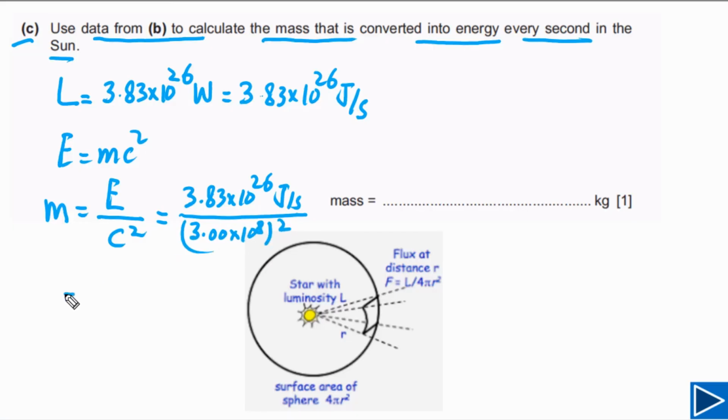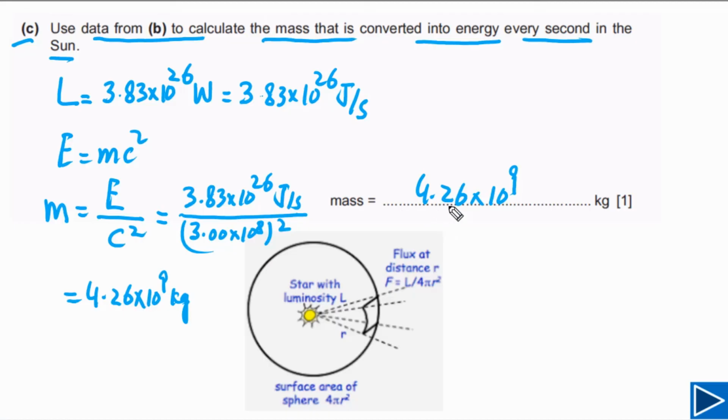If we solve this one, we will get our final answer 4.26 times 10 to 9 kgs. So this much mass is converted into energy per second in the sun. This is what the question was asking us to calculate. So our final answer is 4.26 times 10 to 9 kilograms.